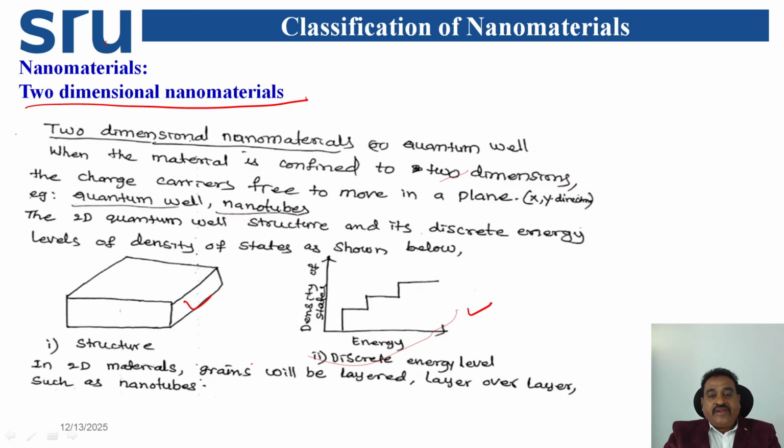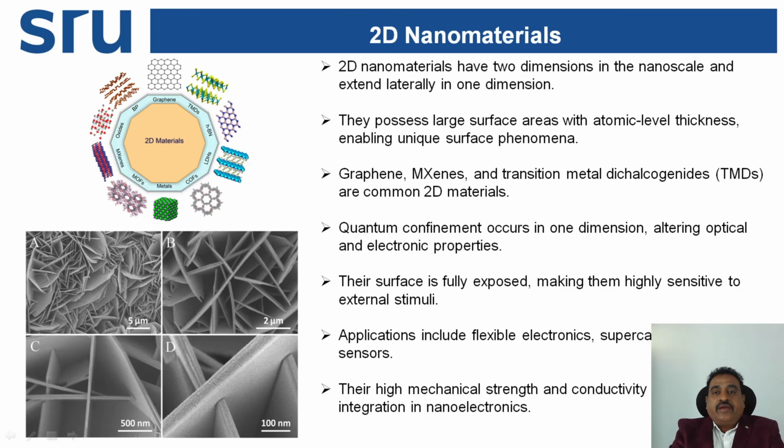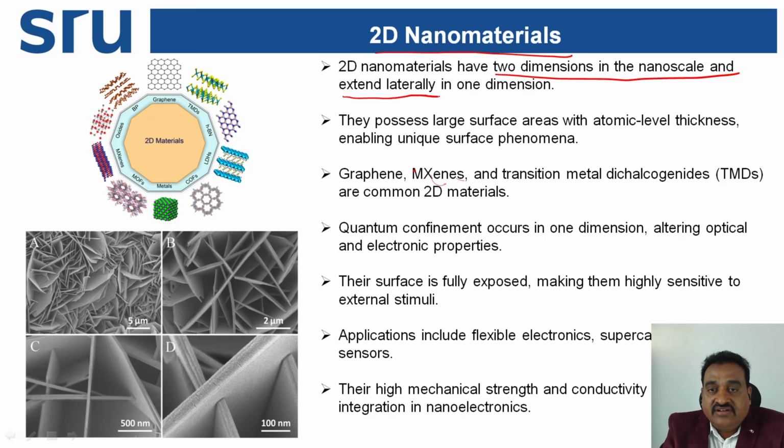In two dimensional materials, grains will be layered, layer over layer, such as nanotubes. Yes, two dimensional nanomaterials properties we can observe here. Two dimensional nanomaterials have two dimensions in the nanoscale and extend laterally in one dimension.